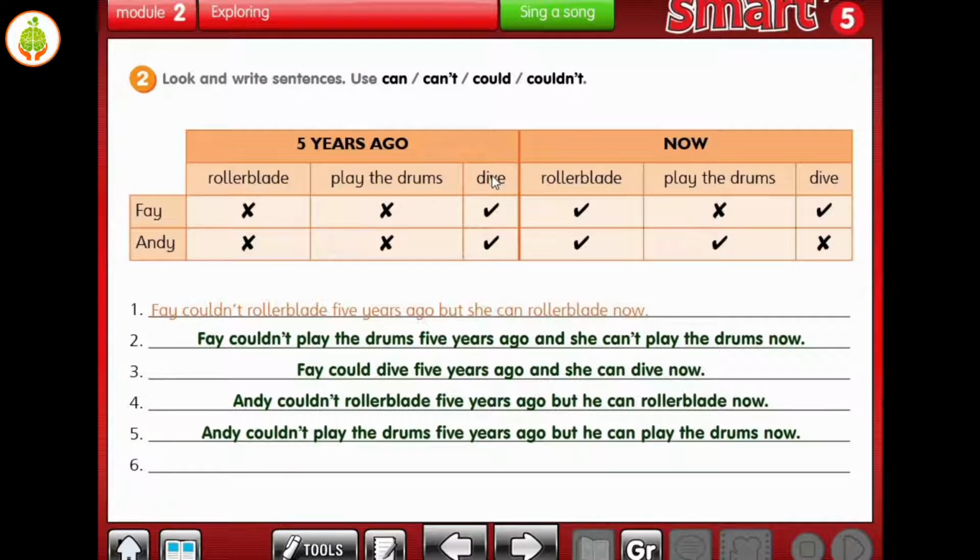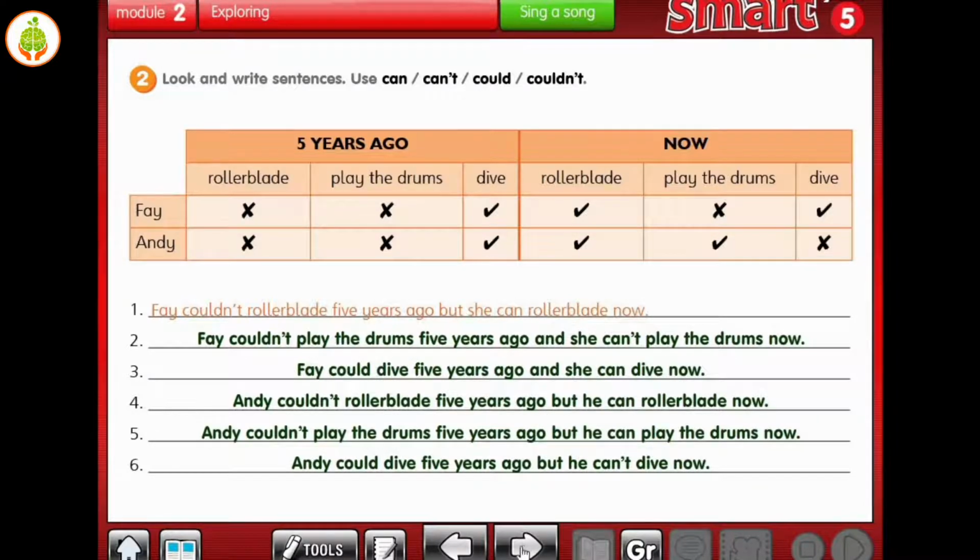Okay, the last one, which is diving. Alright, so Andy could dive 5 years ago, but he can't dive now. Very good. So please stop the video, write it down in your book, and then we will continue.